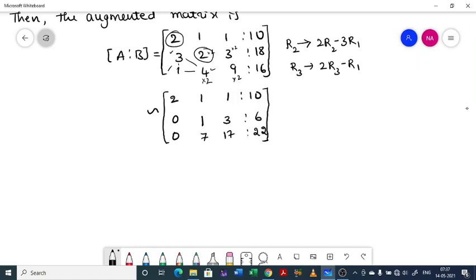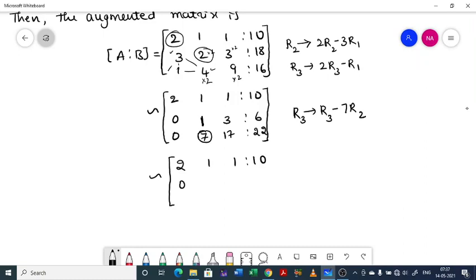Now we have to make this entry 0 using this one. Since we have 1 here, we can apply it easily. So R3 changes to R3 minus 7R2, since 7 is there and 1 is there, we multiply by 7. So it will be equivalent to, first row no change, 2 1 1 colon 10.